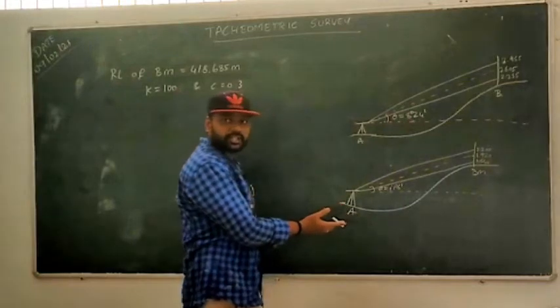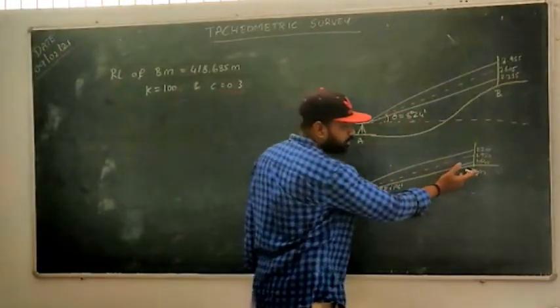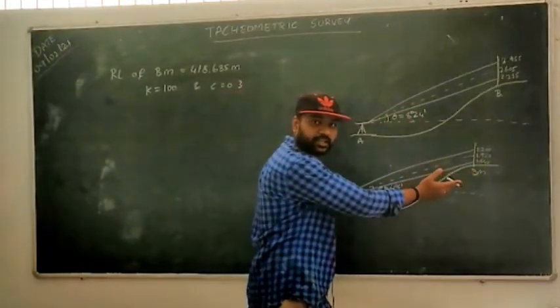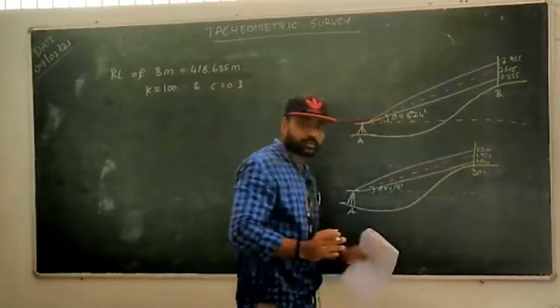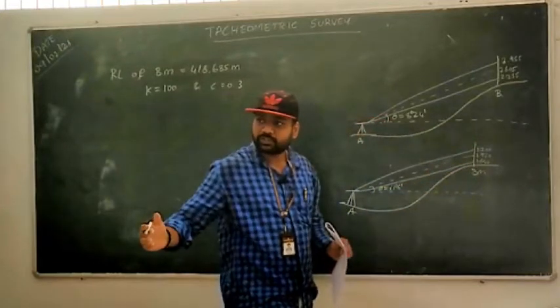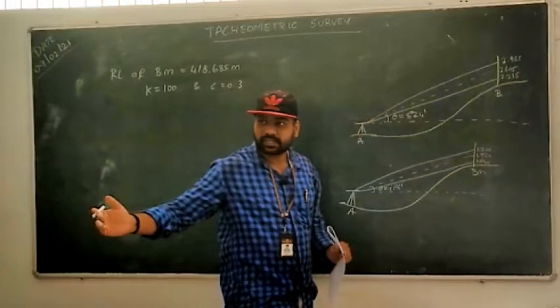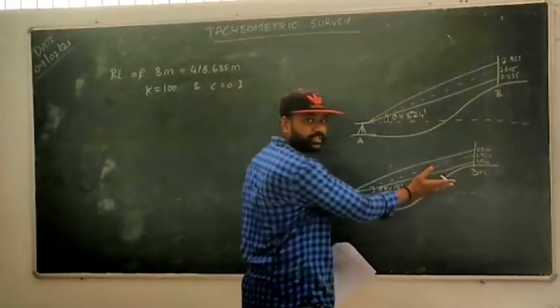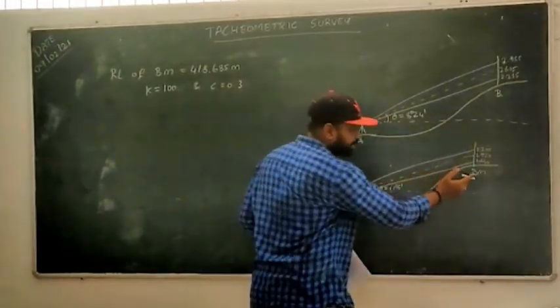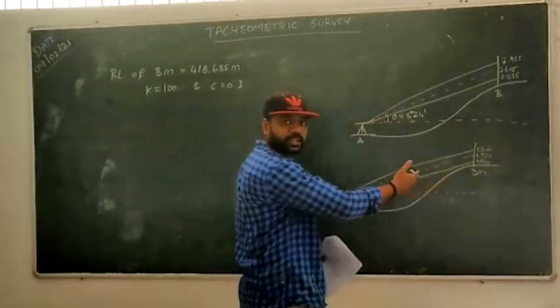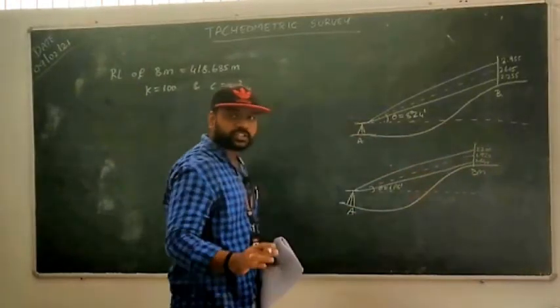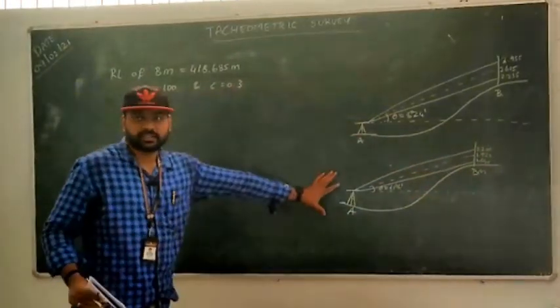In the second observation, the staff is on the benchmark. Whenever we start our survey, we first start with the benchmark, so this is your starting point. These are the given data on the benchmark, so always we consider first from the benchmark value.